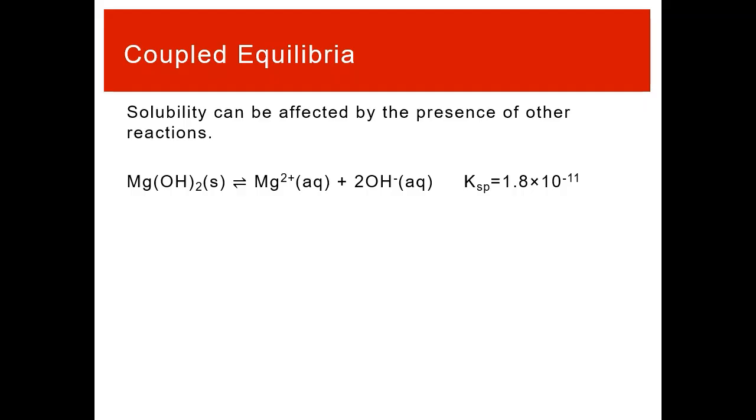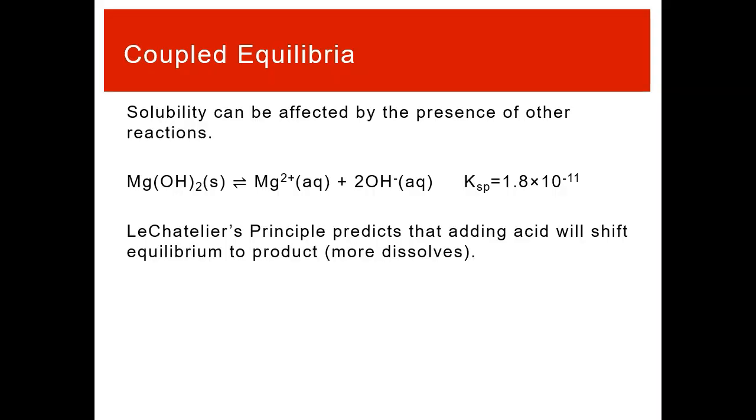So dissolving magnesium hydroxide affects the pH. It affects that hydroxide hydronium balance that's going on in the solution. Well, simultaneously, if you change the solution, you affect solubility. If we look here at our magnesium hydroxide dissolving, we can see that on the product side is hydroxide.